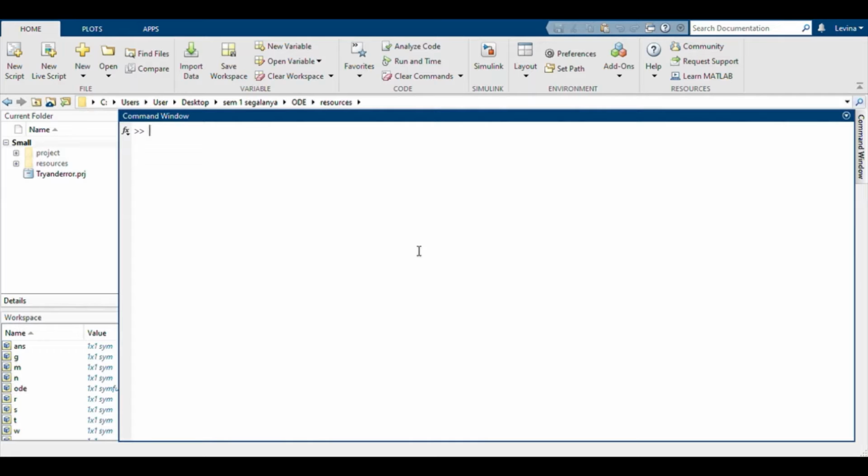For question 1A1, we need to prove our answer in manual calculation, that is, the type of this equation is homogeneous equation. So to prove that, we will use MATLAB to simulate the answer.